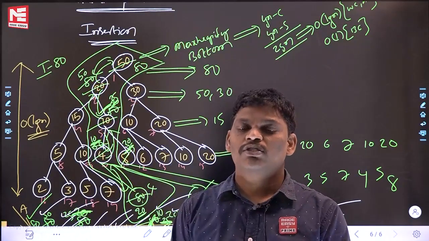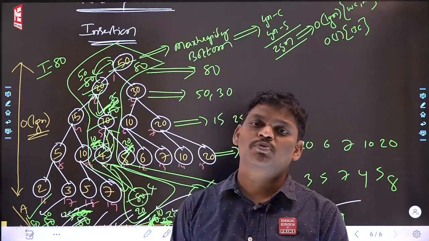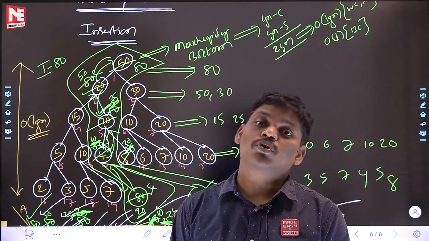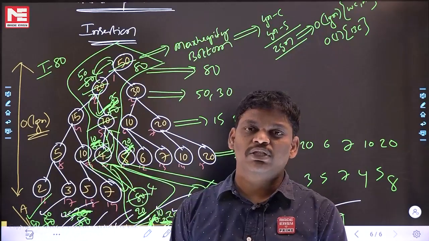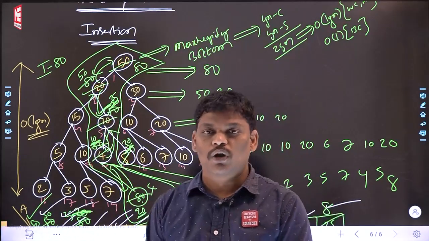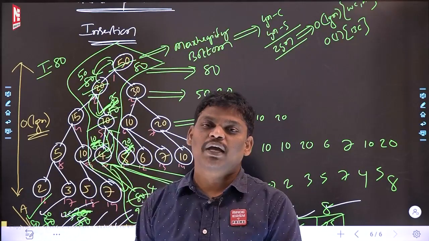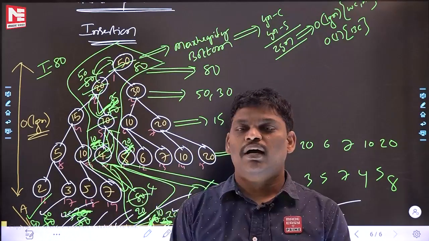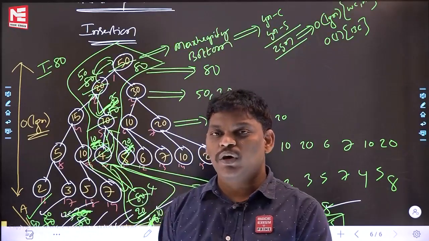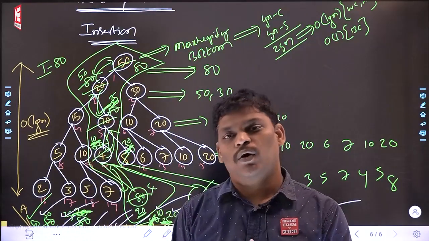If you are okay, stop. Otherwise swap, and in the worst case you swap from bottom to top. How many levels? Log n. So log n compare and swap, totally 2 log n. Best case, compare and immediately stop. Average, you stop somewhere in between. So best case is 1, and average case and worst case are log n.